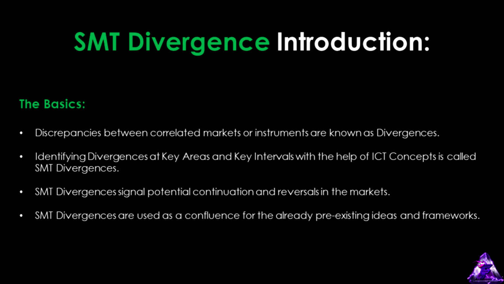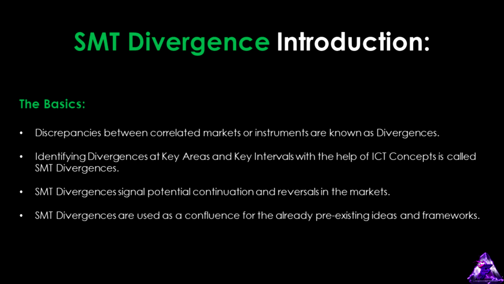When we actively identify these divergences, discrepancies, and variations at key levels and intervals, we are using SMT divergences. Identifying these discrepancies in price at key times and levels between two correlated assets with the help of ICT concepts is what we refer to as SMT divergences, which is smart money techniques.